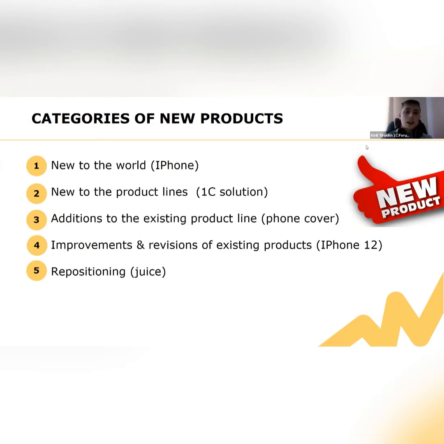Additions to the existing product line, for example, a phone case or cover. Improvement and revision of existing products, for example, iPhone 12. And repositioning, some juice, for example. Let's find out more.